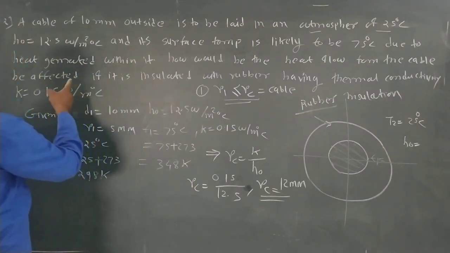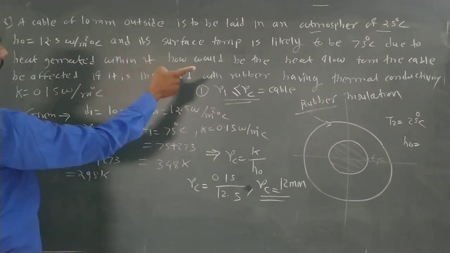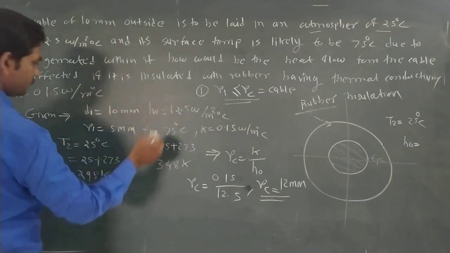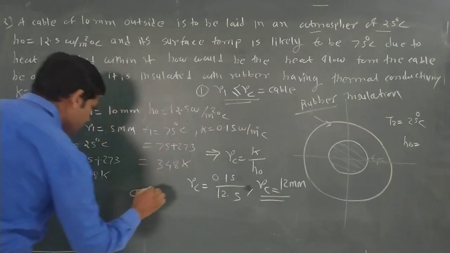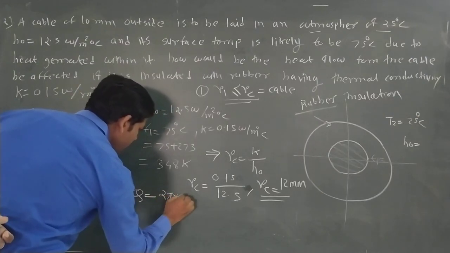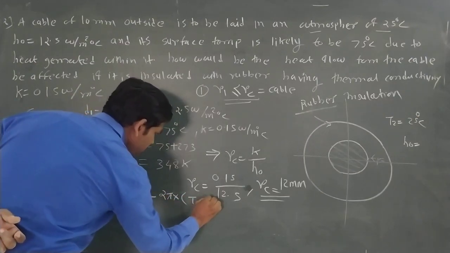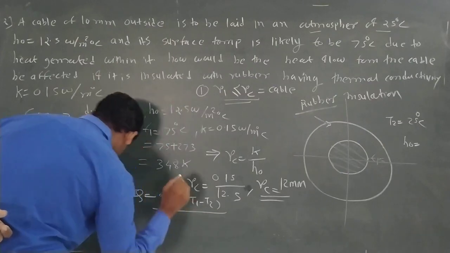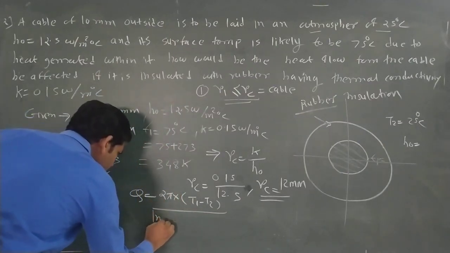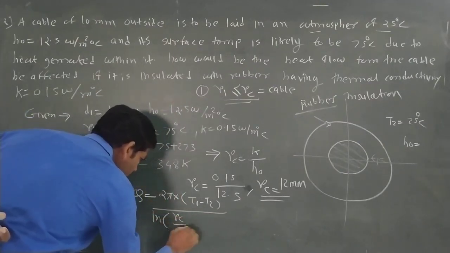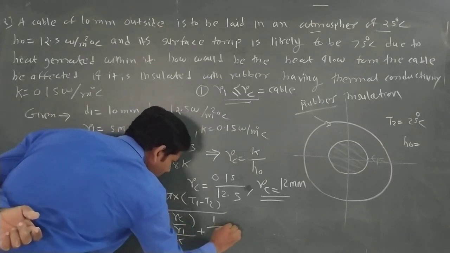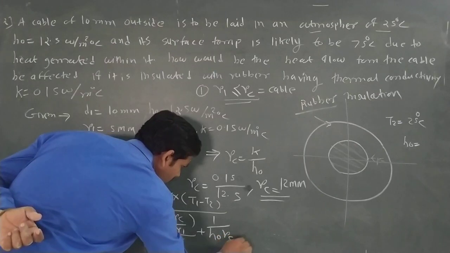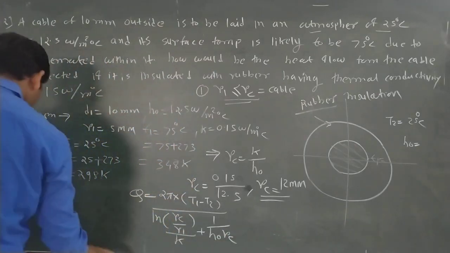What do we require? We require the heat. How will the heat flow from the cable be affected? So we use the formula: Q is equal to 2 pi into T1 minus T2 upon log of RC upon R1, divided by K, plus 1 upon HO into RC. So you put all the values here.